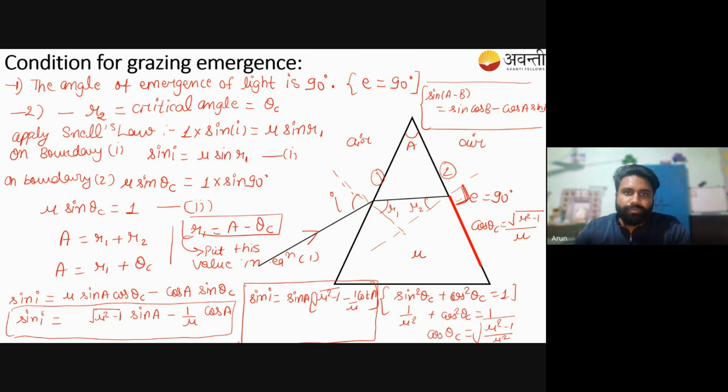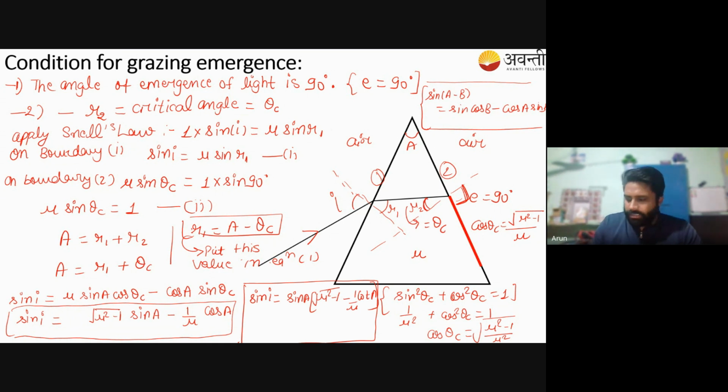What do we have to do here? There are two conditions. First, the angle of emergent ray is to be 90 degrees for grazing emergence, and second condition, that this R2 angle would be equal to theta c, the critical angle. This is the mathematics that we have done.